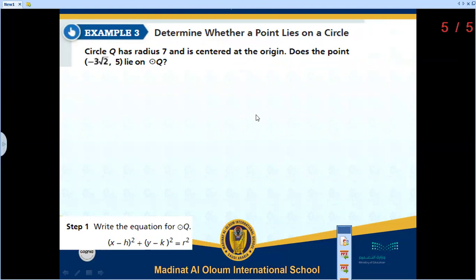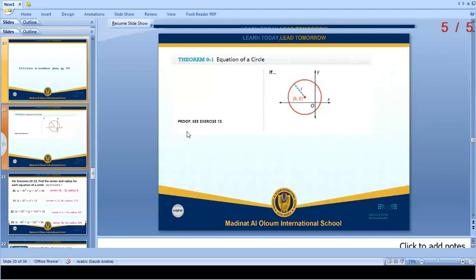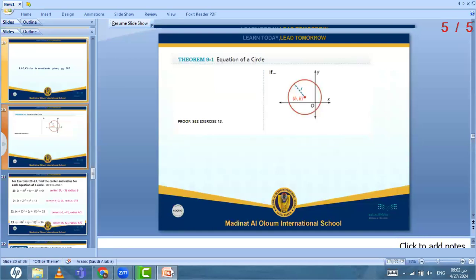And then, guys, he said, has radius 7 and center origin. Look to this one.